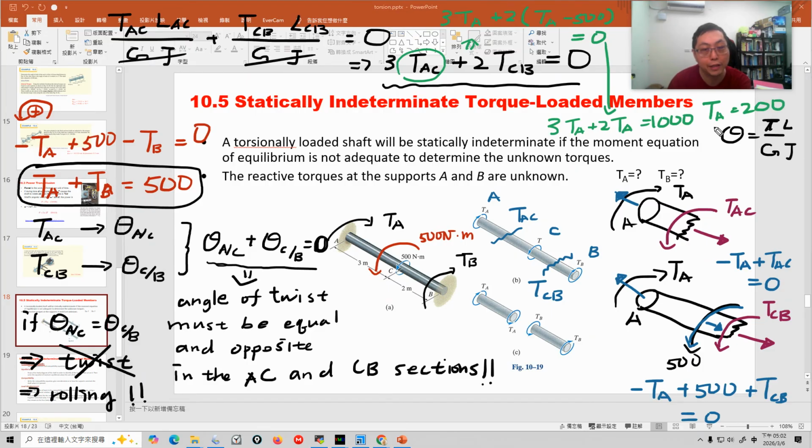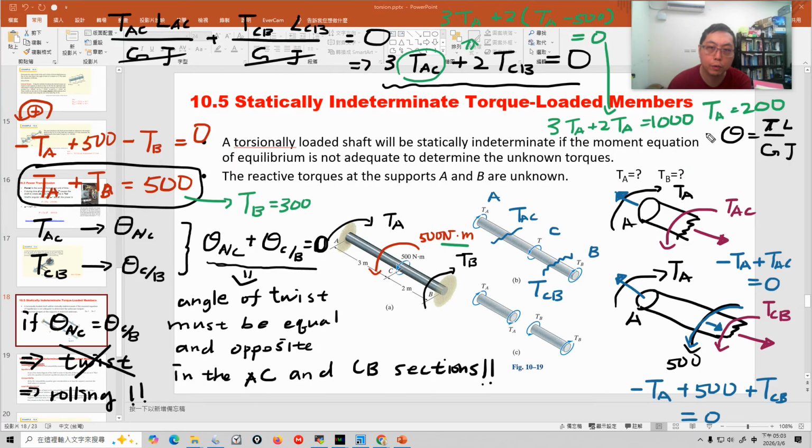Amazing, right? Just use the constraint equation and the cut section method. We resolve the TA. And don't forget TA plus TB is equal to 500. So that means TB is 300, and its unit is Newton per meter.